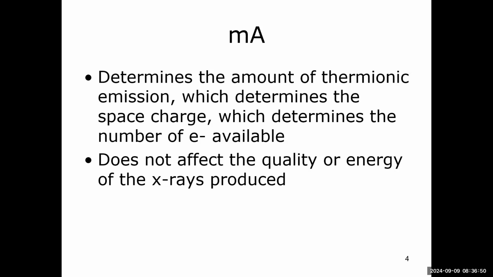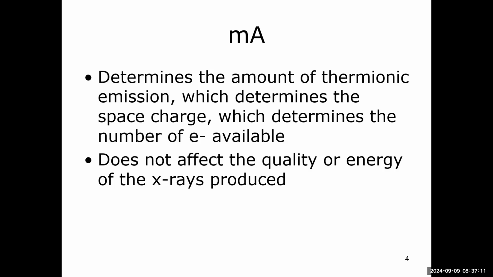It determines the number of electrons that are created, sitting there in that little space charge, waiting to accelerate across the tube. So the larger the MA, the more or less electrons? More.